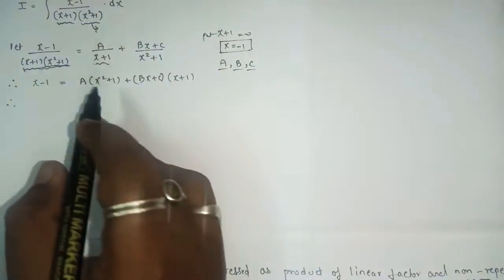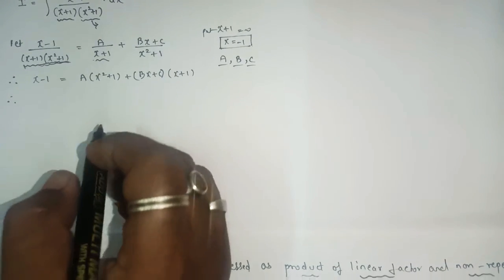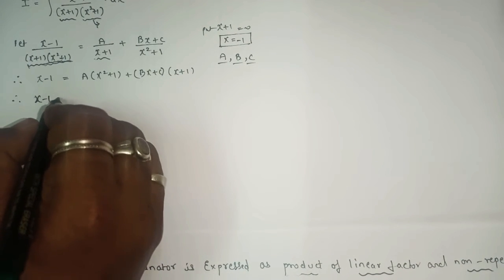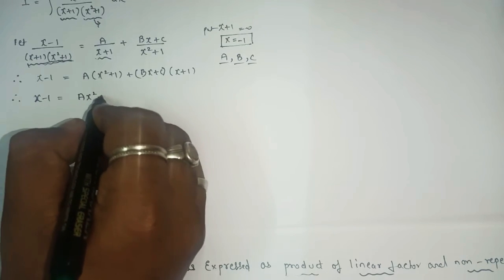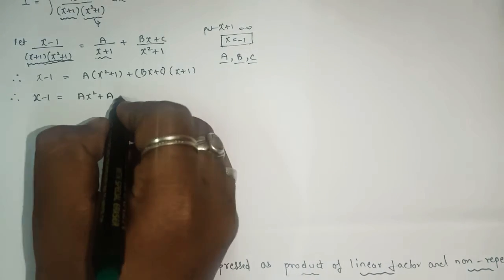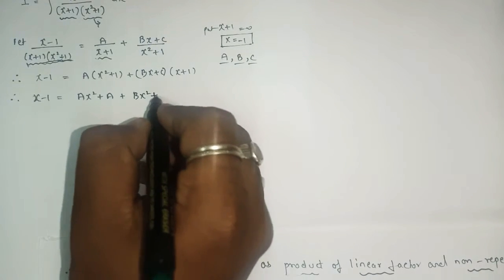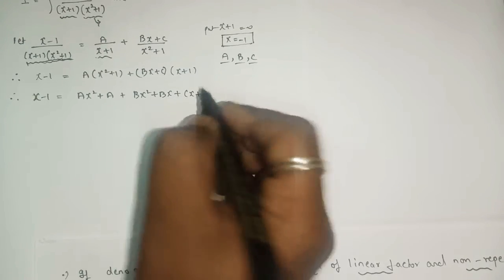Yes or no? The same thing we did for type number 2 also. So opening the brackets, here you will get a x square plus a. Here you will get b x square plus bx plus cx plus c. Yes or no?